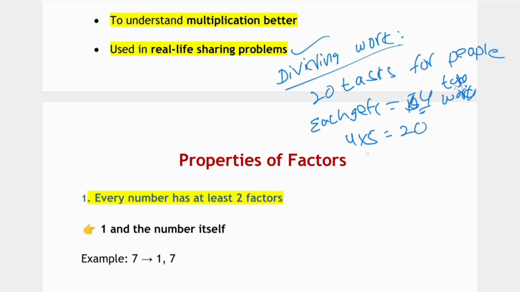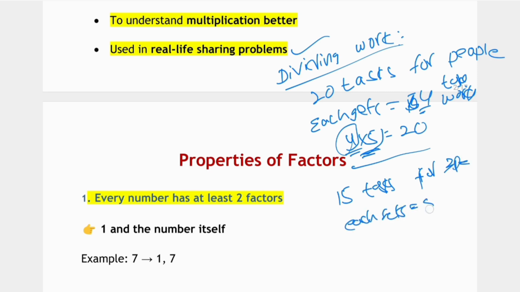Here we want to divide among 5 members. So therefore we get 4 tasks for each one. Similarly, if you want to divide 15 tasks for 3 people, each gets how many?